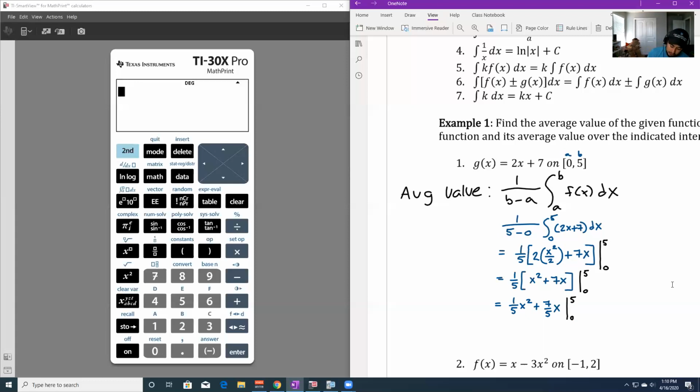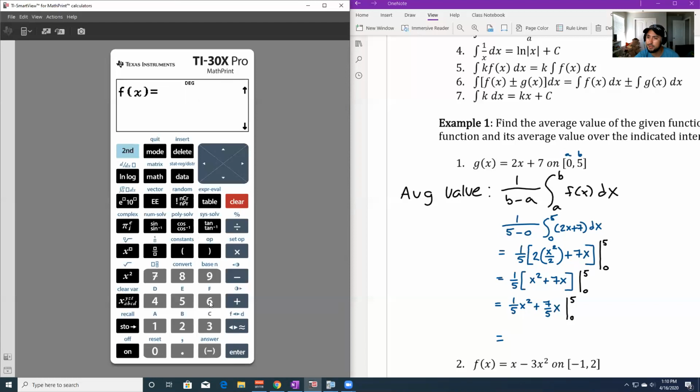Okay, so remember, I'm going to show the long way first. If you have the table feature in your calculator, you hit table. Well, I'm on the fancy calculator, but it's the same thing. You hit table, and I do add or edit function. So we say add. I'll clear this one out. And I have 1/5 x squared.